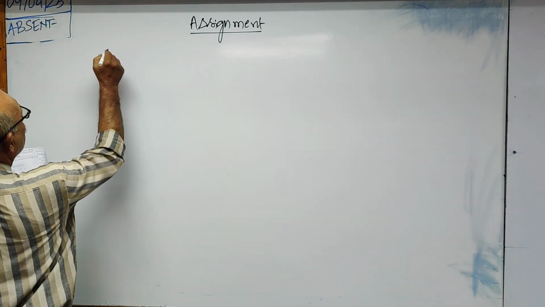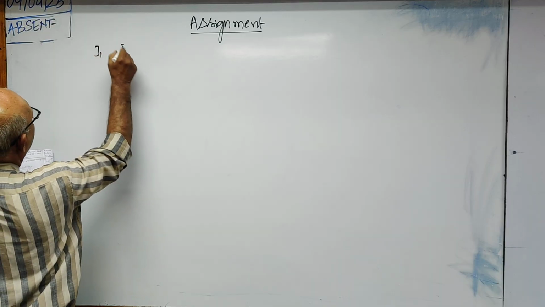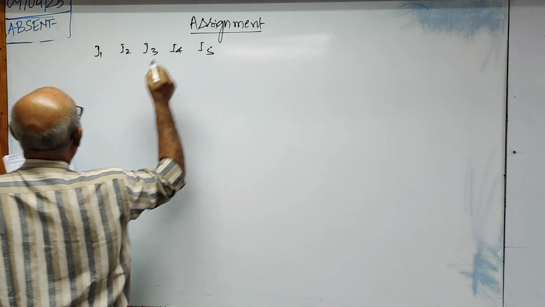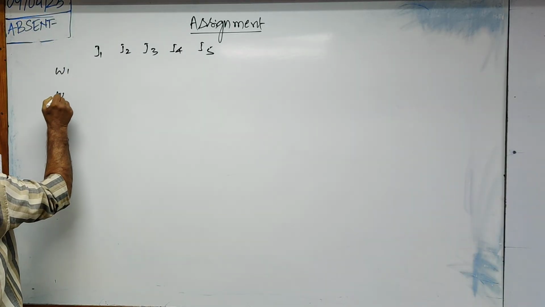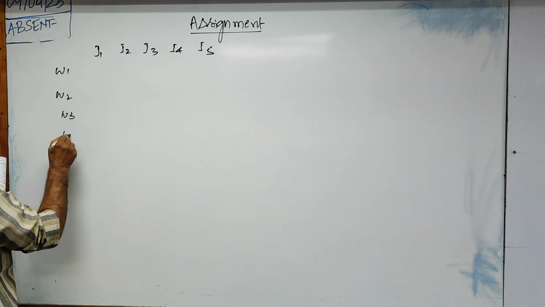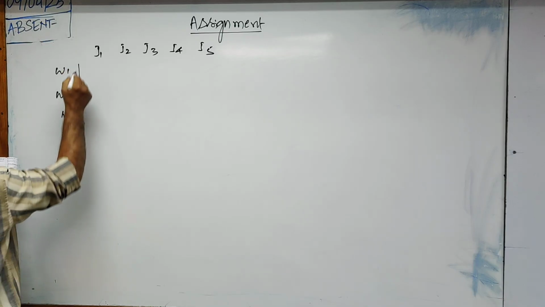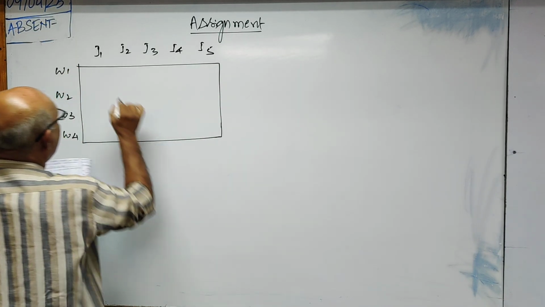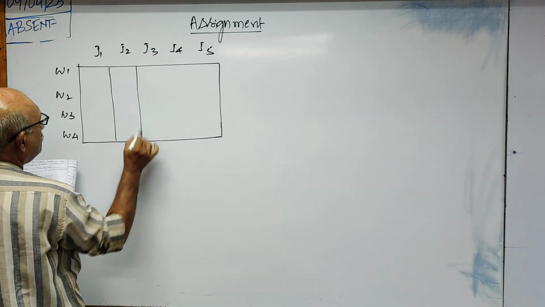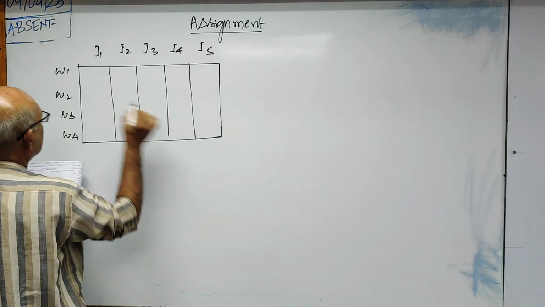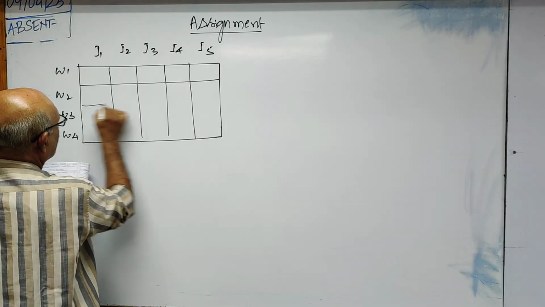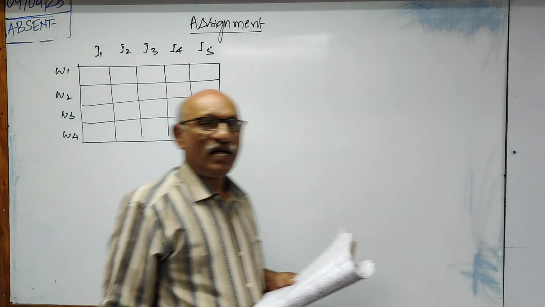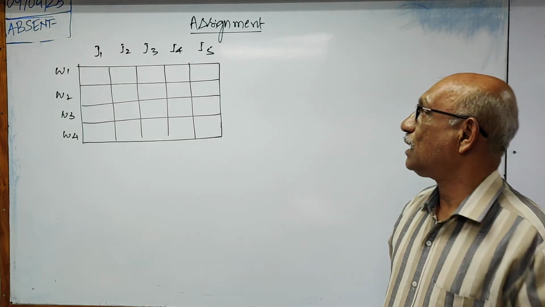We have 5 jobs and 4 workers. What is given in the question? Assignment cost is given.